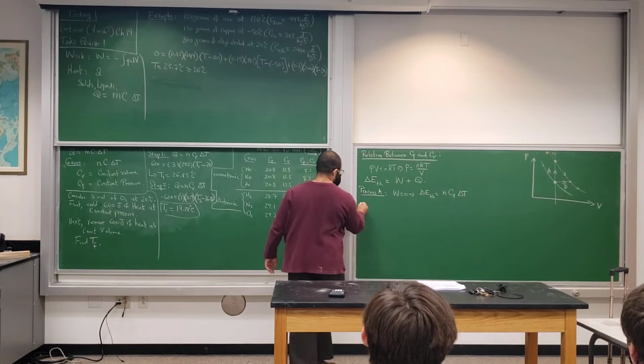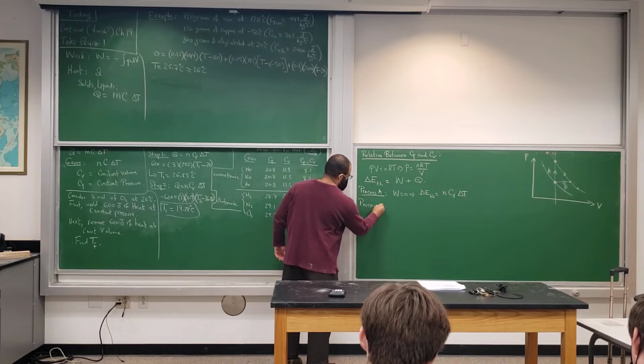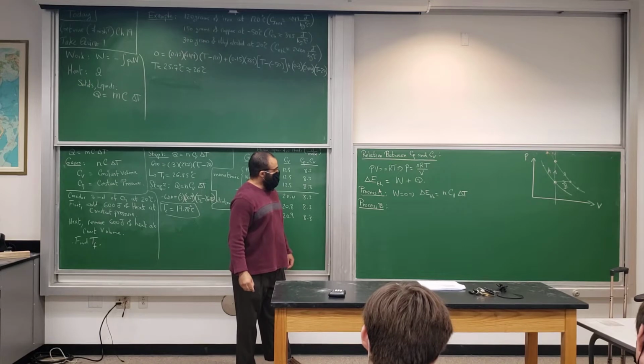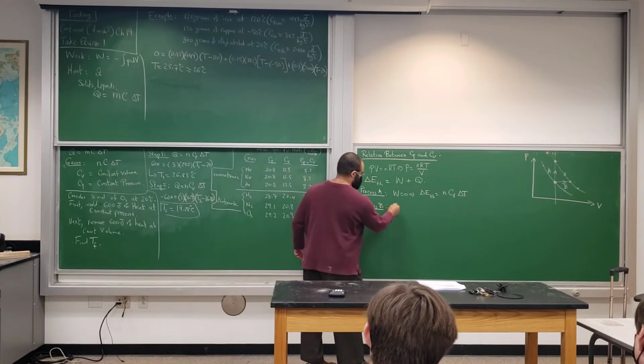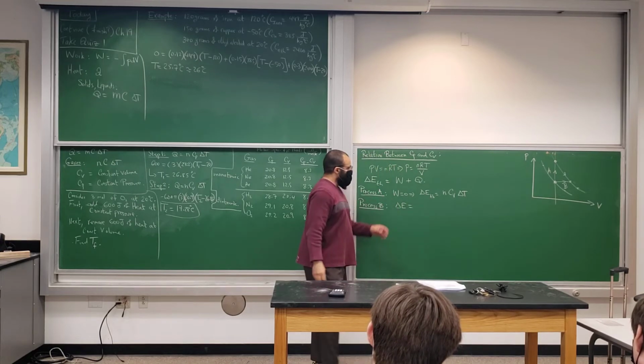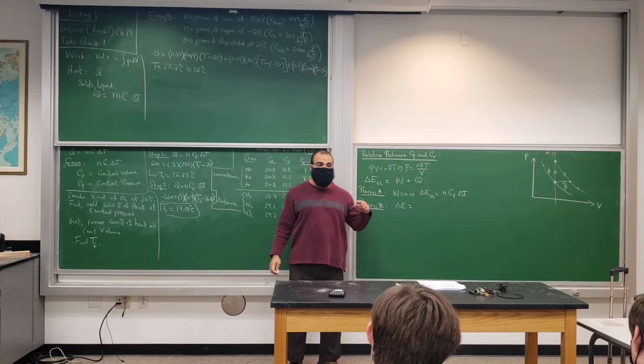Process B. I will write delta E thermal. It will equal how much work is done if the pressure is constant? Remember what the work done in an isobaric process is?